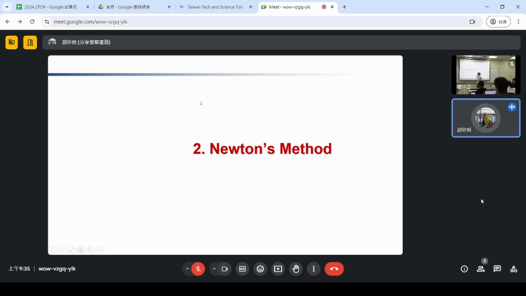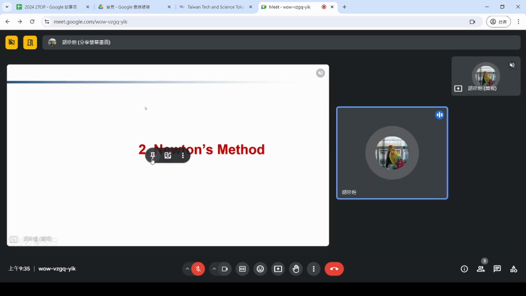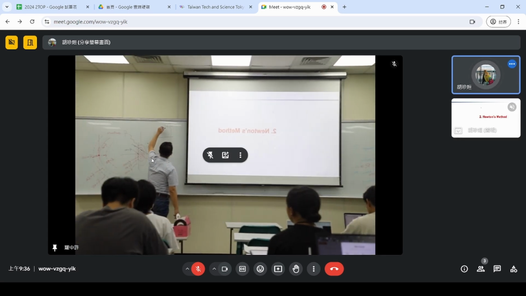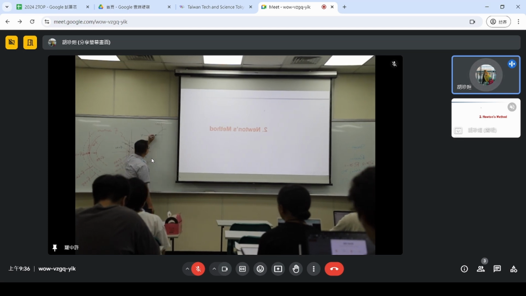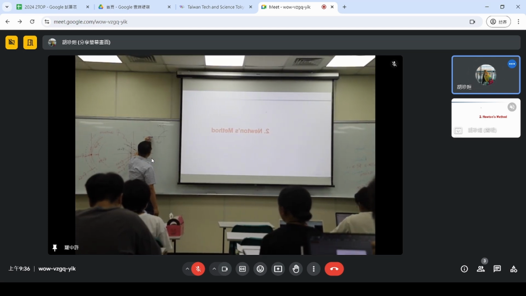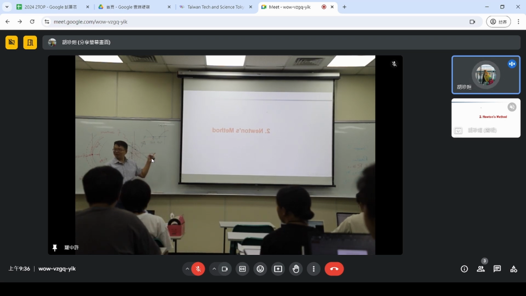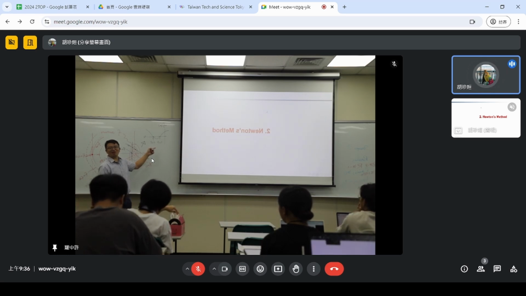Okay, so let me remind you, we have learned Newton's method, I don't know when, maybe in calculus. So usually if there's a function, something like this, Newton's method helps us find the root. This is called the root, right? I think we learned it in calculus, right? So Newton's method helps us with that. Can anyone tell me how it's done?